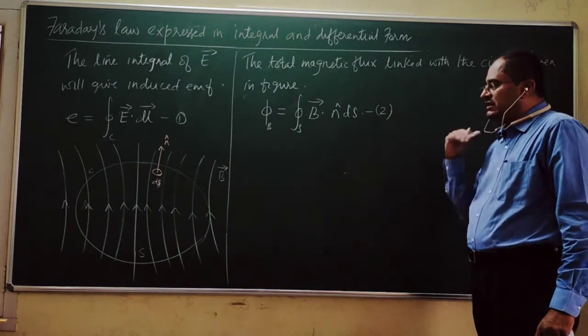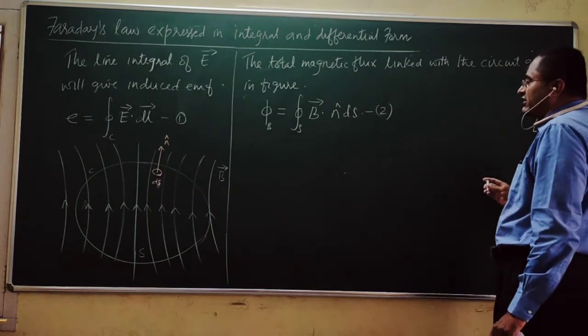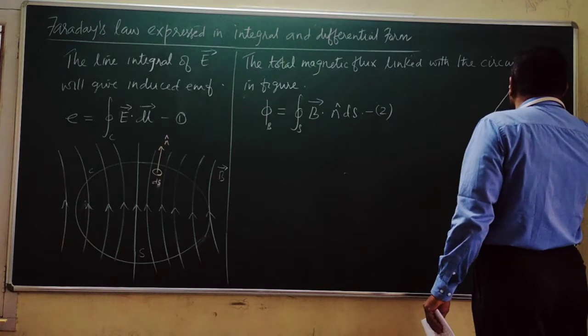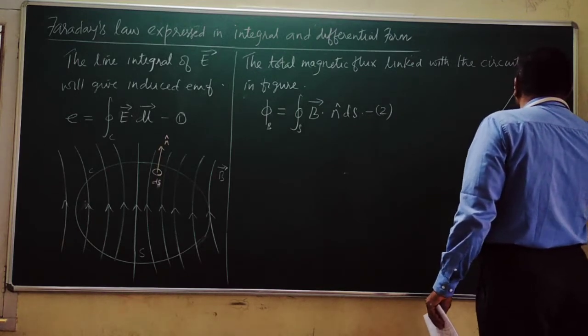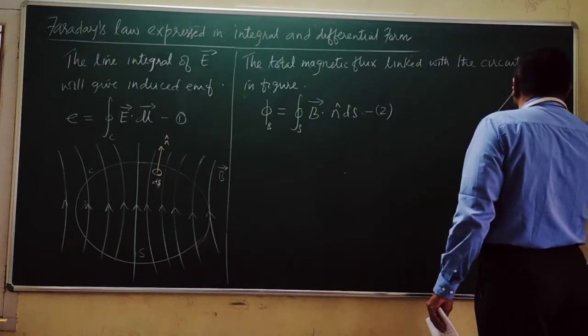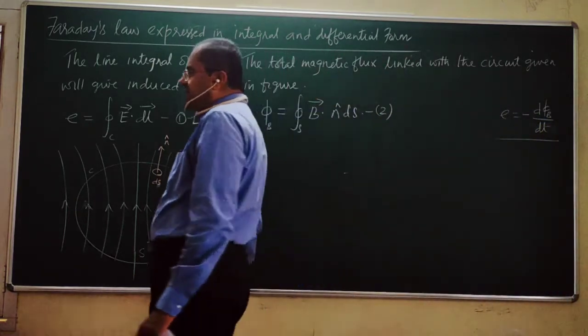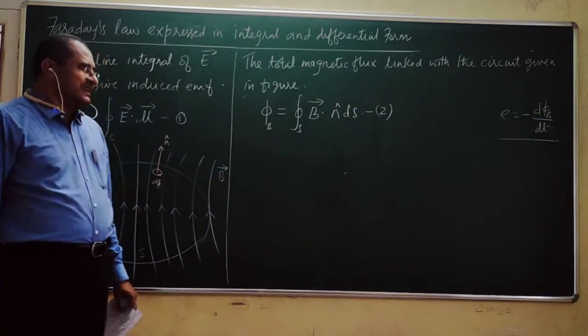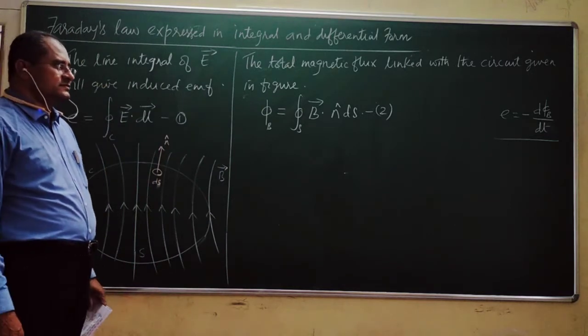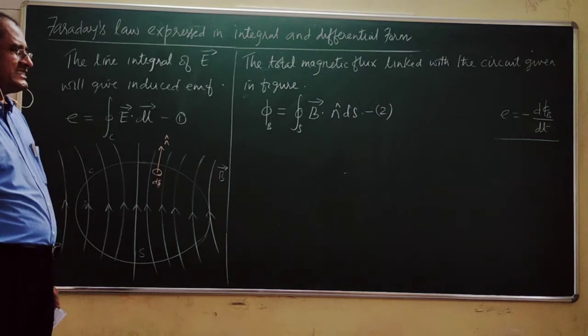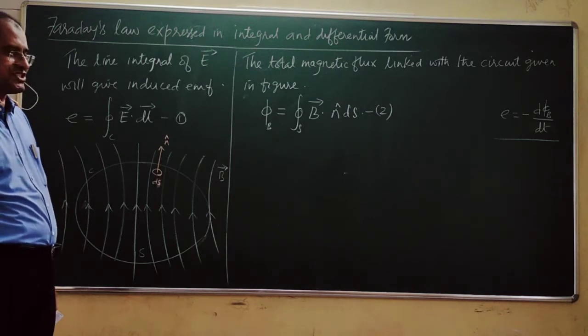That is what we wrote a short while ago. I would like to write it here, minus d phi B by dt. Induced EMF produced is equal to negative of time rate of change of magnetic flux.